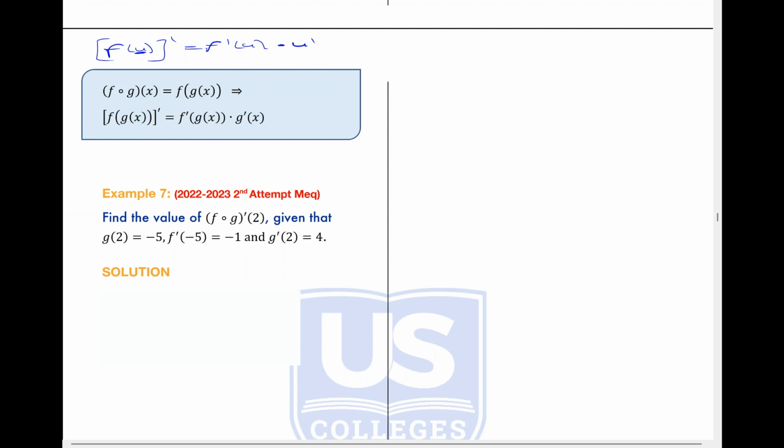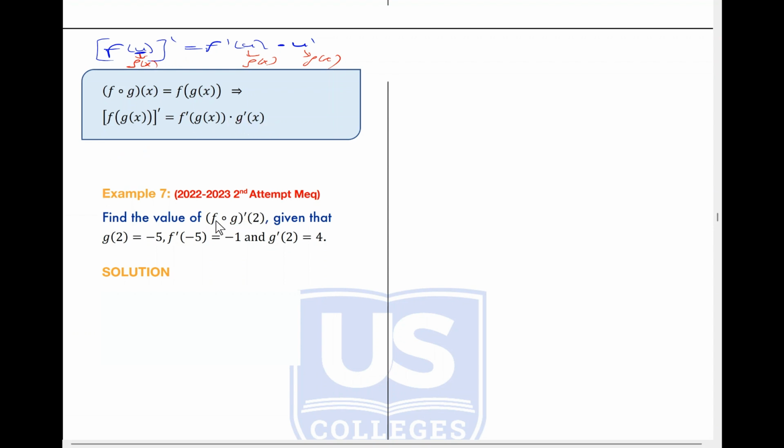So when there's composition, you treat g, the inside function, as u. So same idea. You take derivative of outside function, multiply it by derivative of inside function. Okay, derivative of outside function multiplied by derivative of inside function.